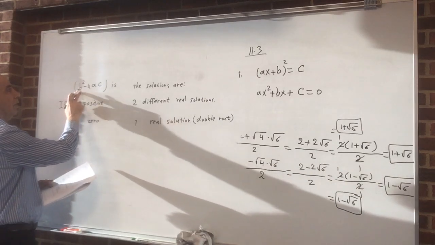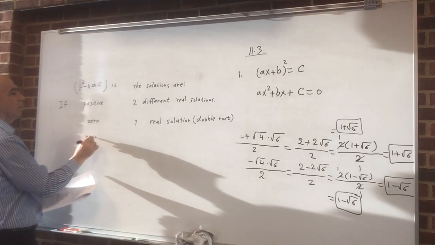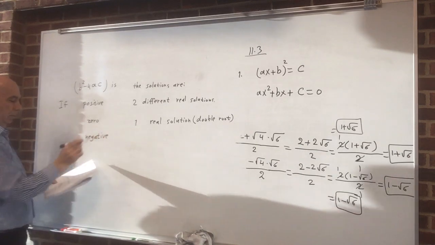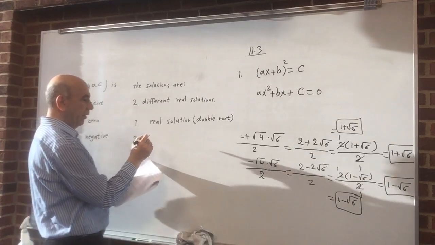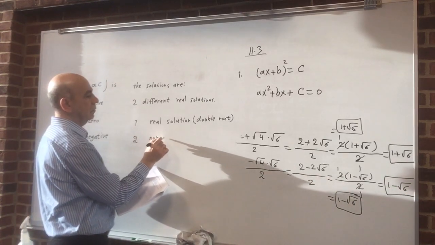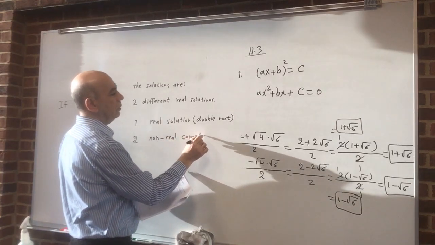If b squared minus 4ac is negative, we get two non-real complex conjugate solutions.